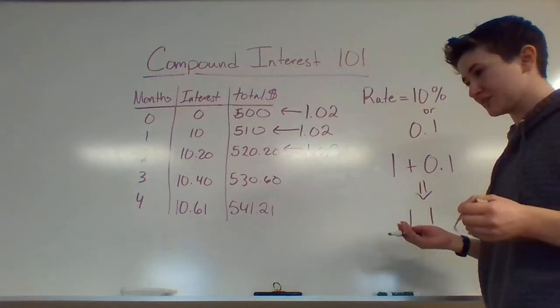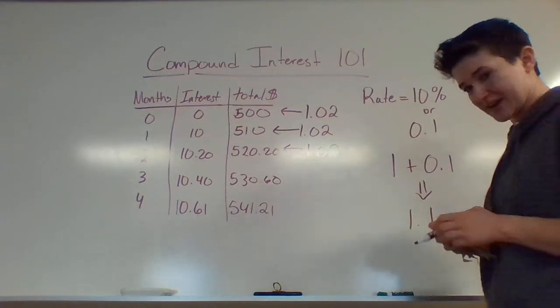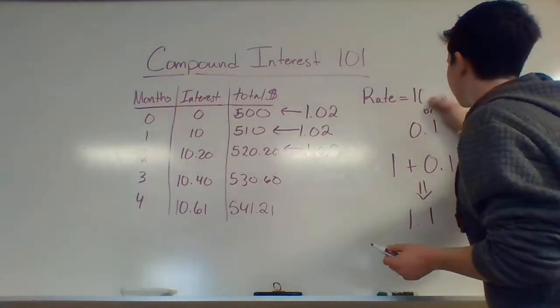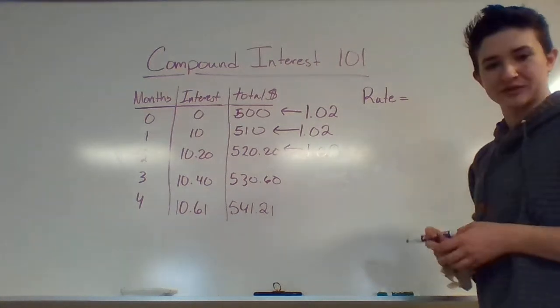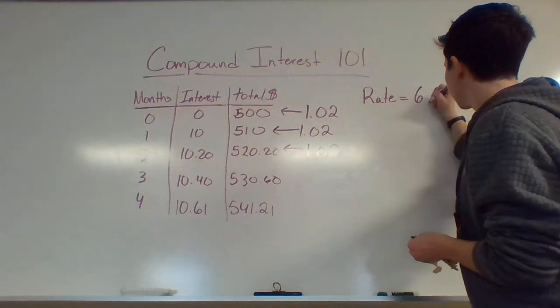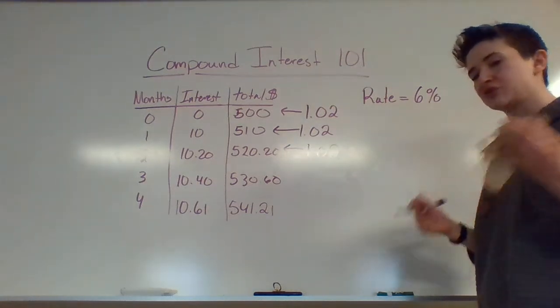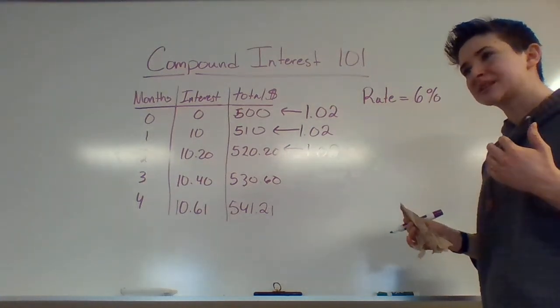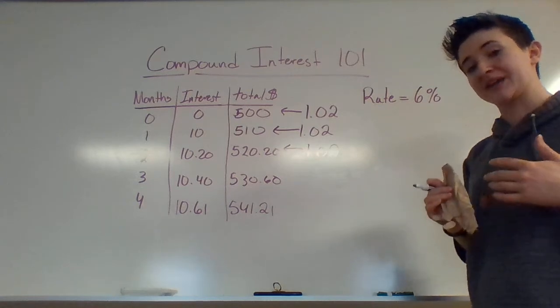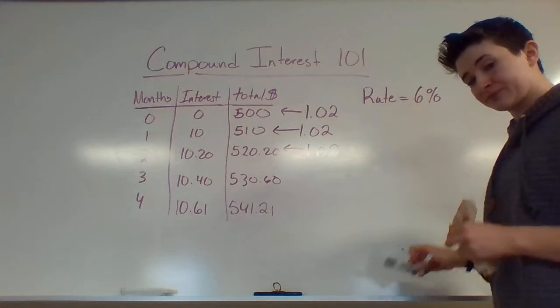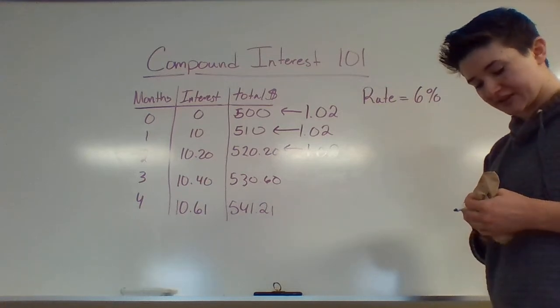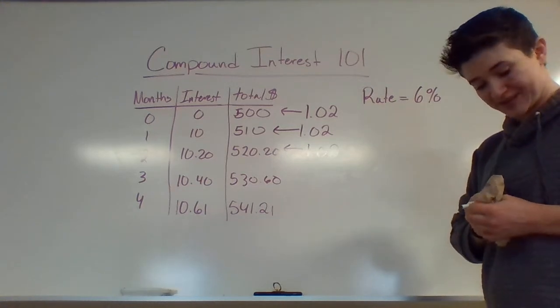At this point, I'd ask you if it makes sense, but you can't answer me back. So let's try it again, just in case it didn't make sense. Let's do 6%. In case you're wondering why I'm choosing low numbers, interest doesn't typically tend to be that high of a percent. If it is high, it's going to be on a loan, and that is typically your key to say, no, I don't want to take a loan out from you because that's too high.